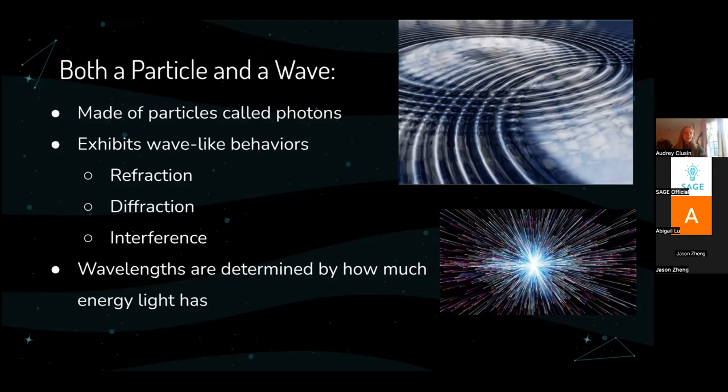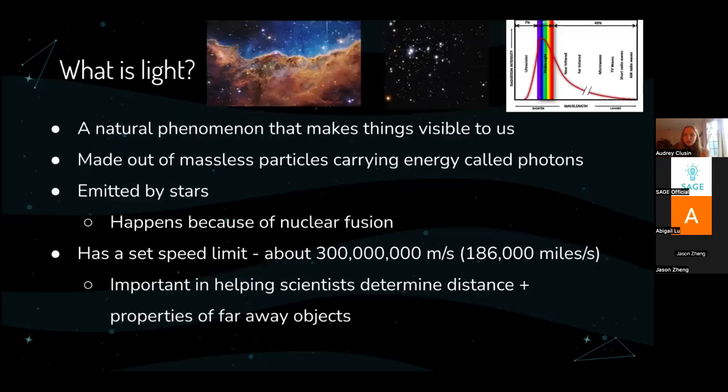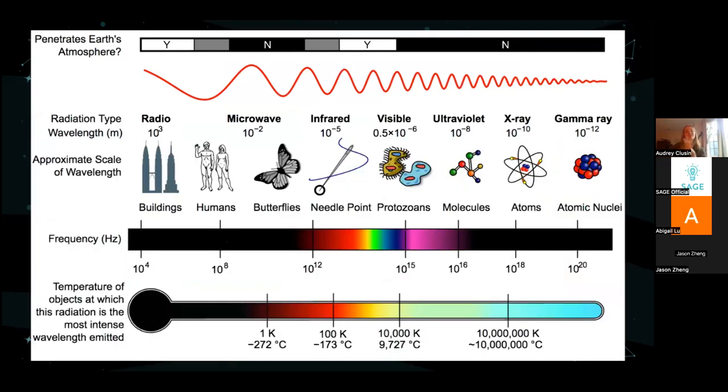Anyways, light, because it's a wave, has wavelengths, and these wavelengths are determined by how much energy light has. Okay, here's my diagram.